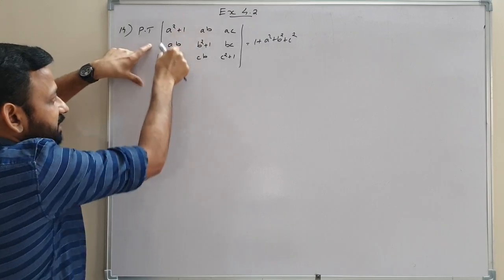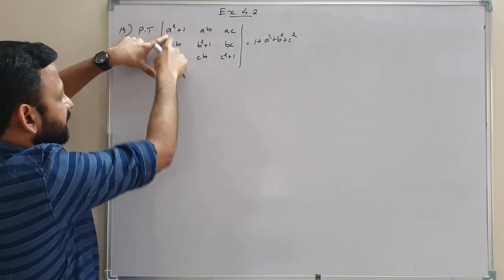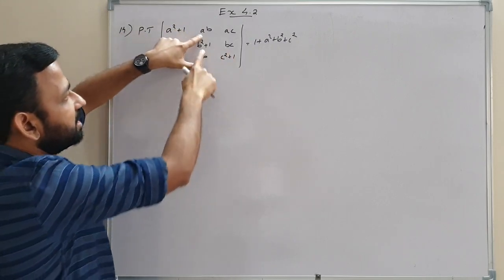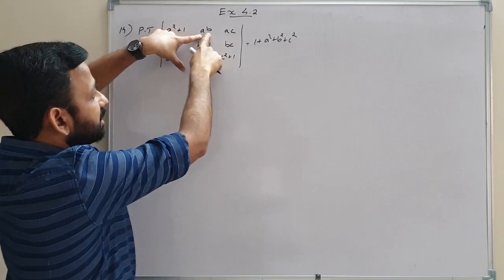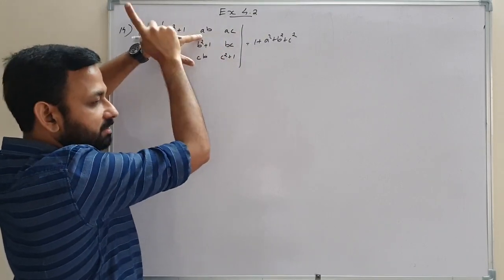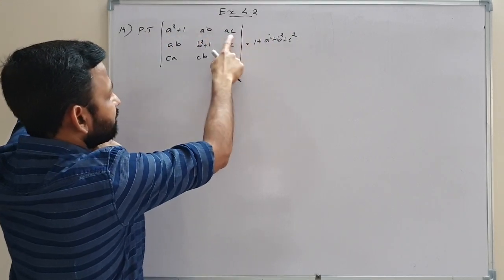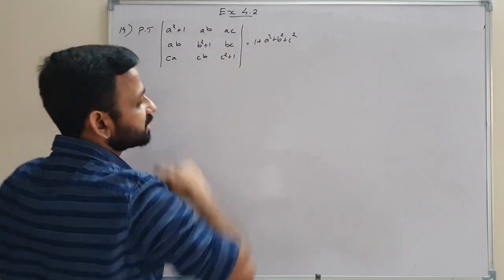Suppose when we multiply C1 by A, we get A cube plus A, and if we take A outside from that column, then 1 plus A square will be there. If we multiply the second column by B, AB square, A outside, then B square we will get. Then multiply this one by C, AC square, A outside, then C square.